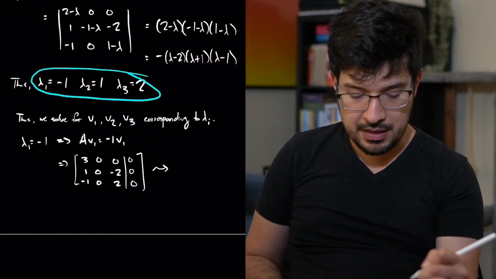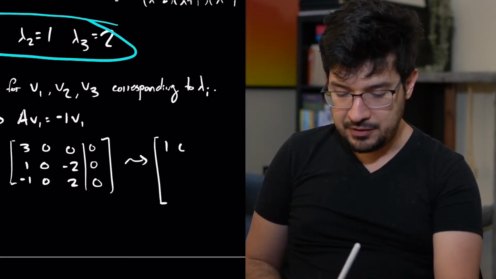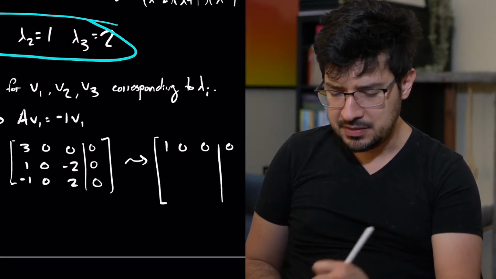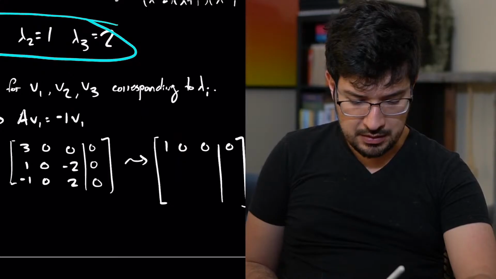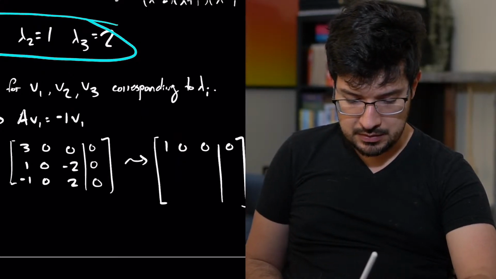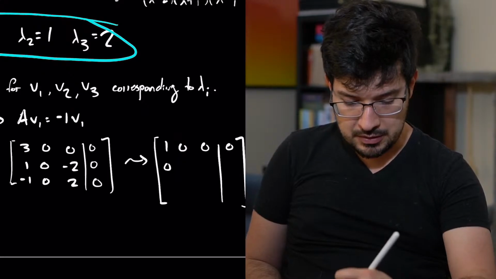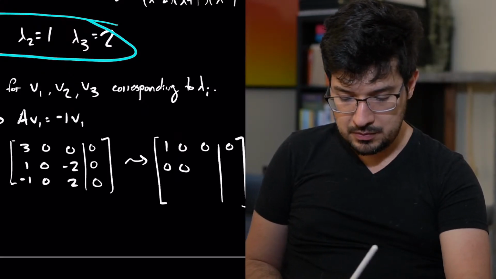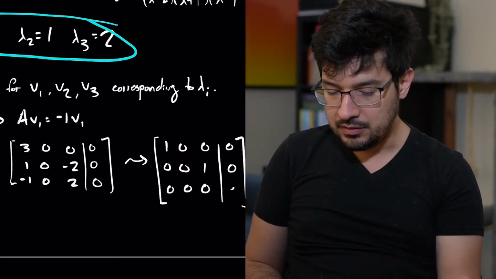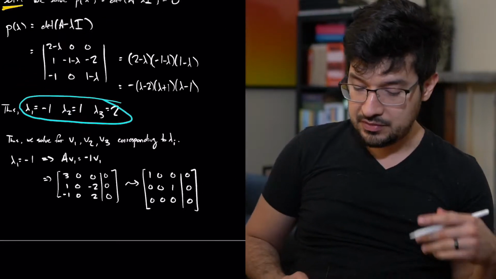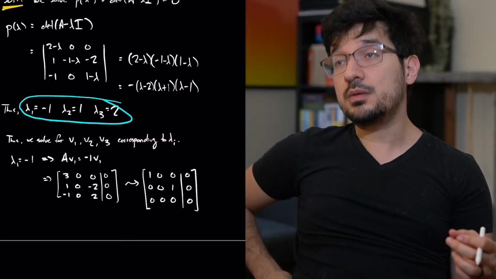And then this implies that the first entry has to be equal to 0. And then we can subtract from the second equation 0, 0, 1, 0, and the last equation is identical, it is -1 times the second row.